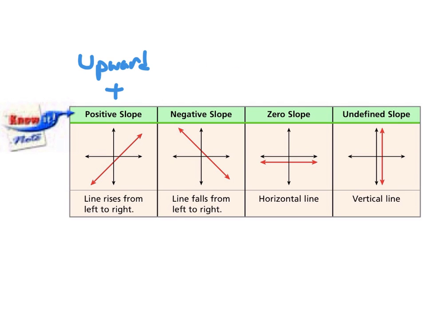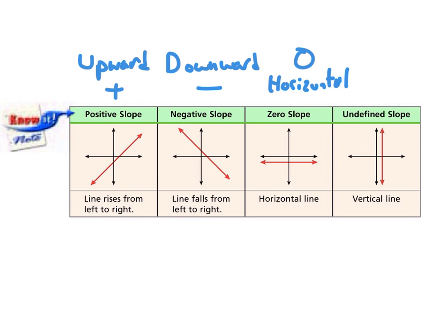Let's try this again with a little better penmanship. Downward is a negative slope. Horizontal is a zero slope, big old zero. And then vertical, I'll put down here, vertical is an undefined slope.